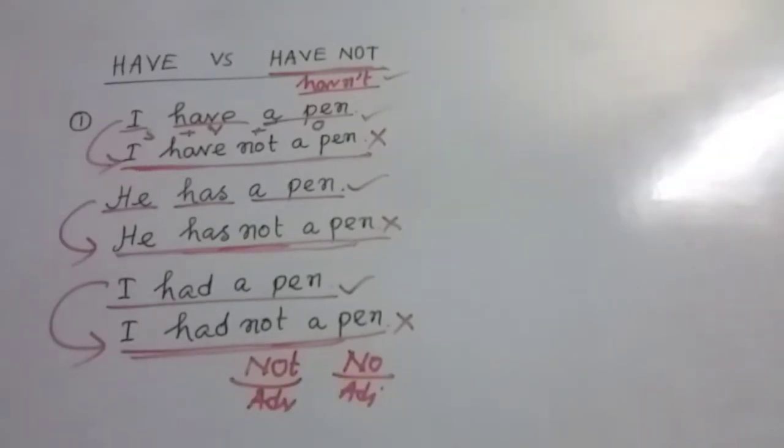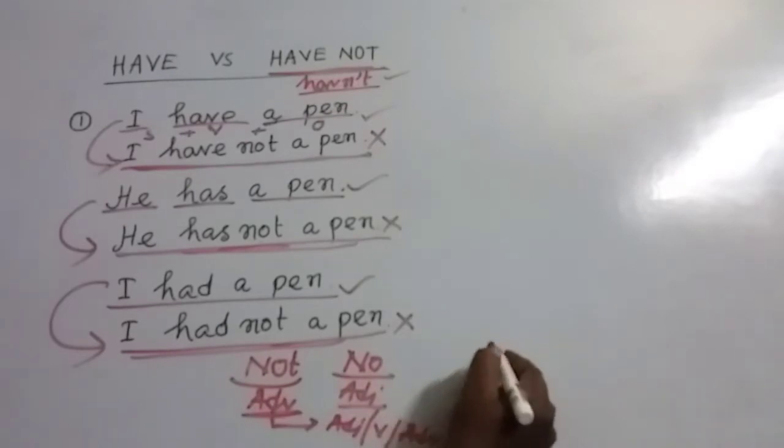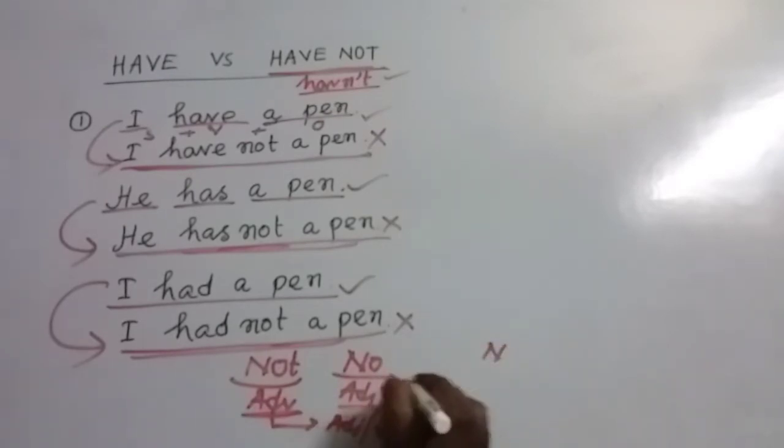So my dear friends, both of these words are negative words and both of these words carry the same meaning. But there is a difference in usage. This term is used as an adjective, this term is used as an adverb. So as it is an adverb, it must modify an adjective or a verb or any kind of adverb in the sentence. That means an adverb cannot modify a noun, but an adjective can modify a noun.